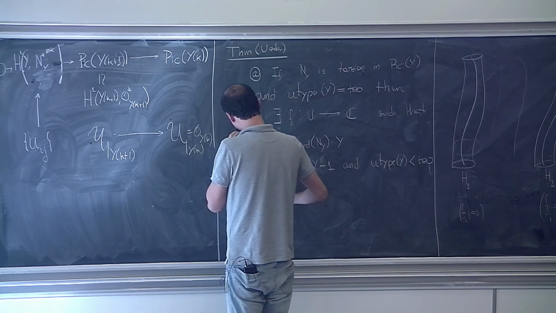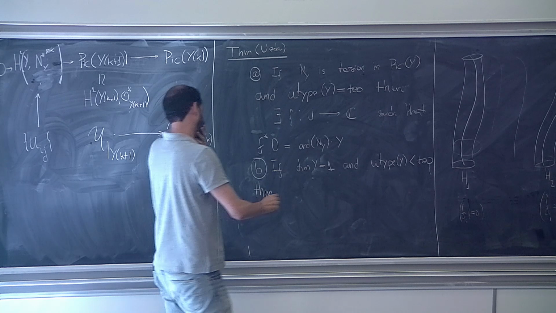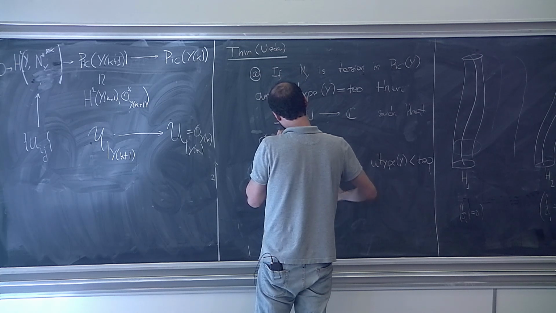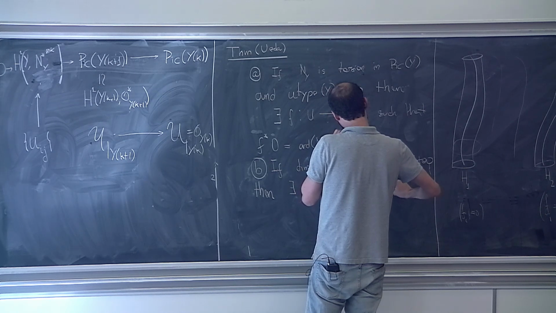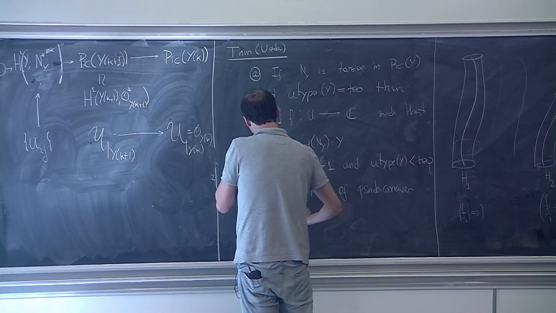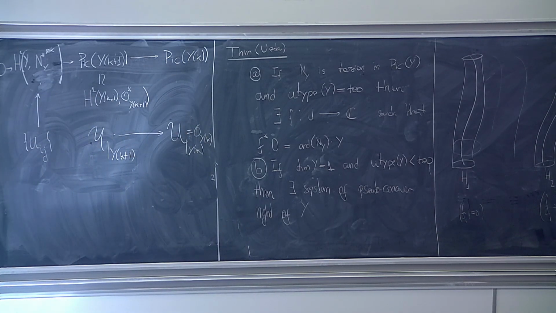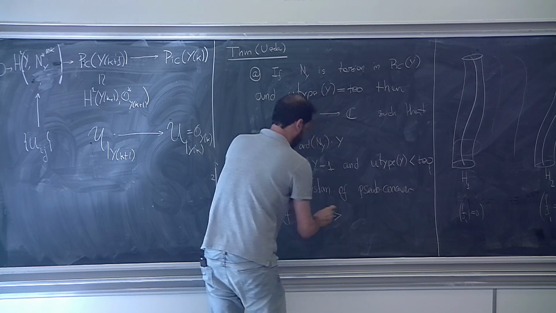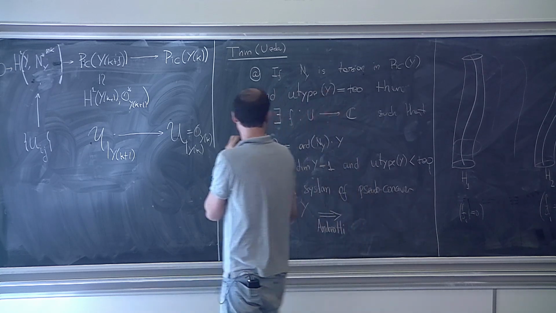Then there exists a system of pseudo-concave neighborhoods of Y. I will pretend that I understand what that means, and we'll just say a consequence of that, from the theorem of Andreotti, which was already mentioned by Jean-Benoit also.